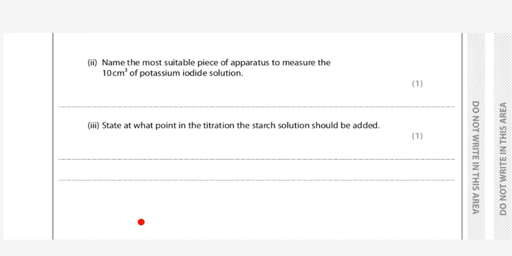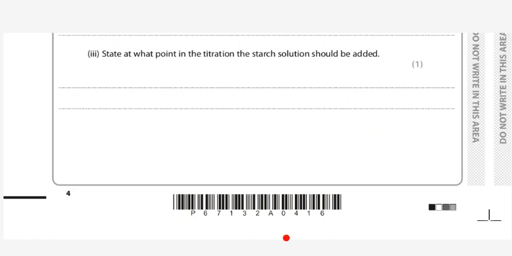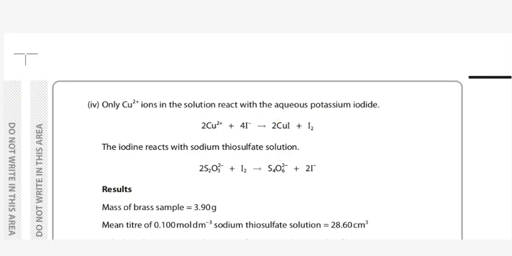That means the yellow-orange or yellow-brown solution of iodine becomes pale yellow. That is the point where we add starch. So at the endpoint, the blue-black complex will turn colorless. So when it's pale yellow, we add starch. That's the reason I mentioned.